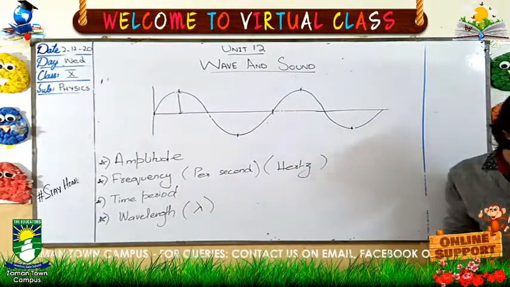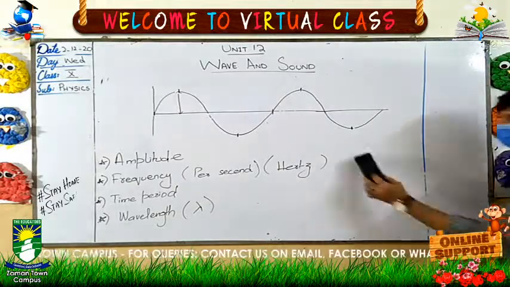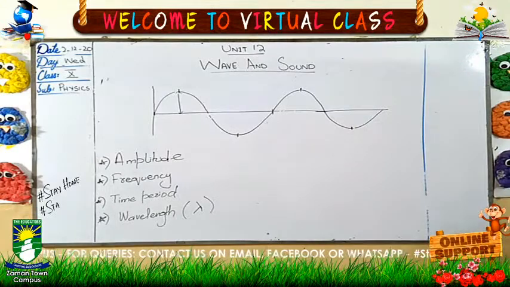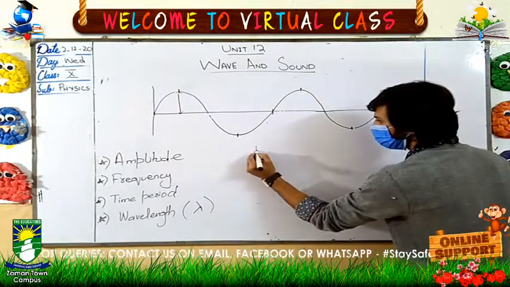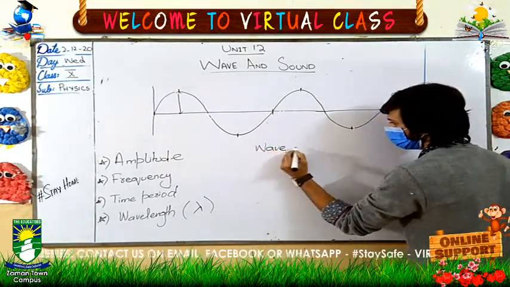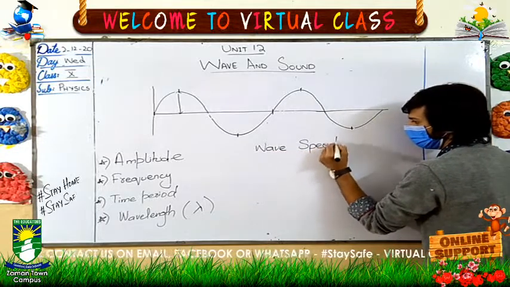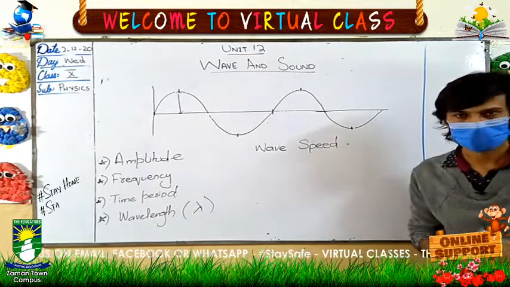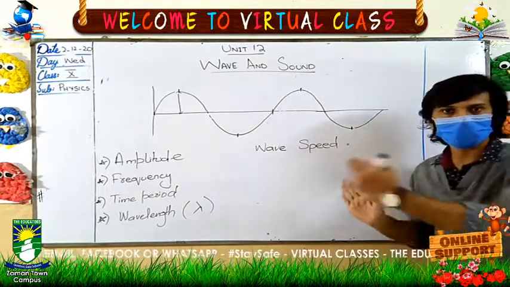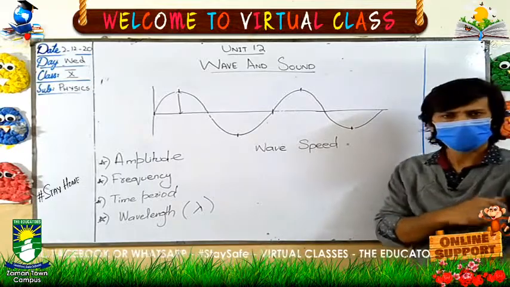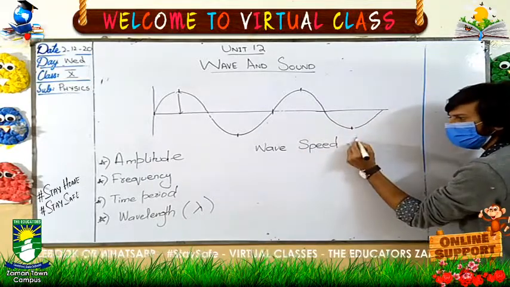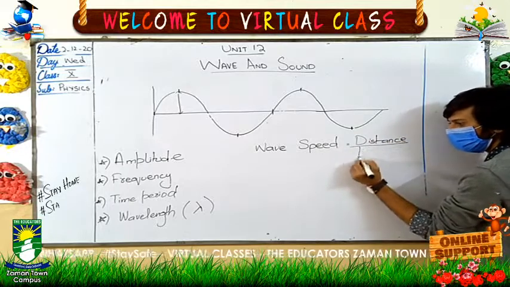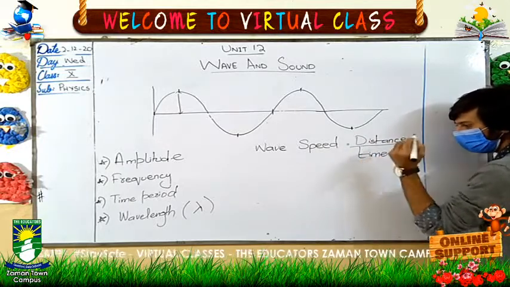Last thing: wave speed. From the name, it is clear that we are talking about speed. In normal terms, what is the formula of speed? The formula of speed is distance upon time.